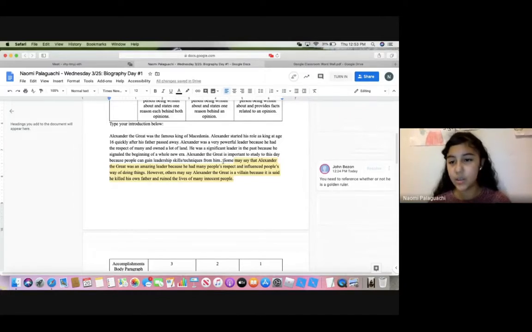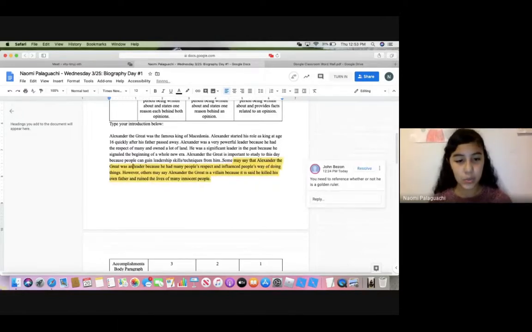And then if I need to refer to him being a golden ruler, then I probably would need to change this to a golden leader. Well, I don't really know how to link it back to the word wall, so Leah, do you have any idea how I could do that?